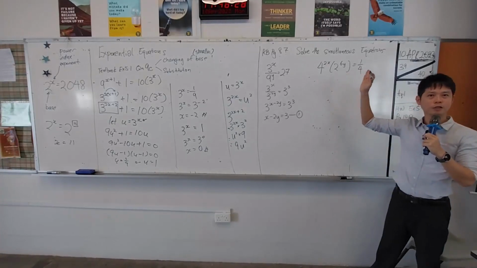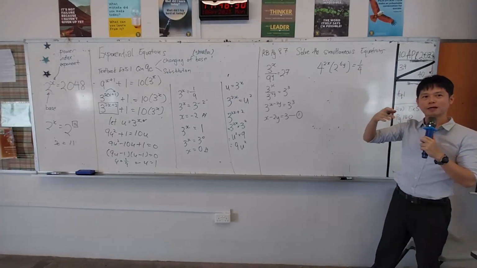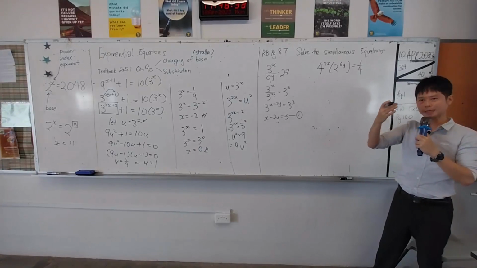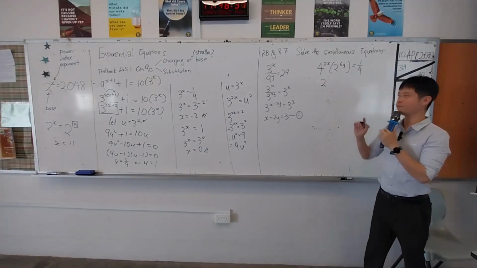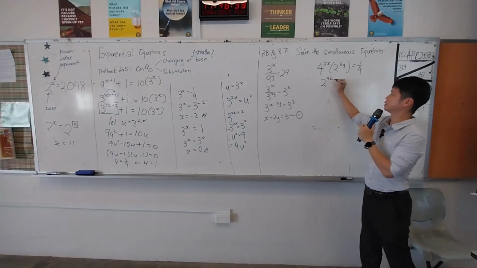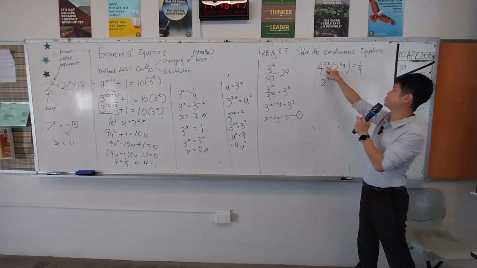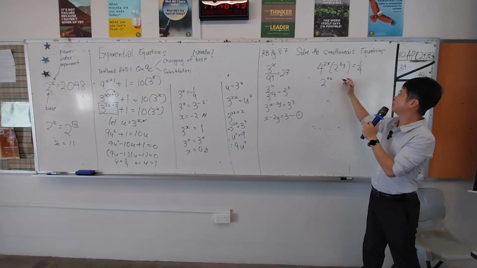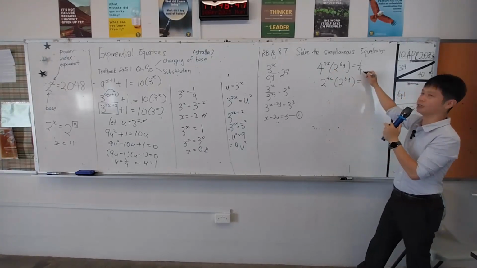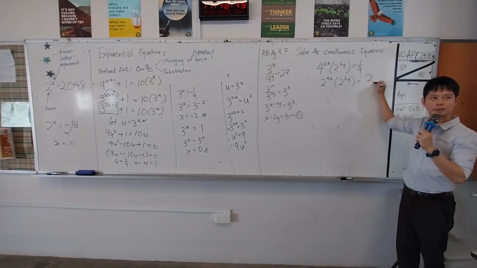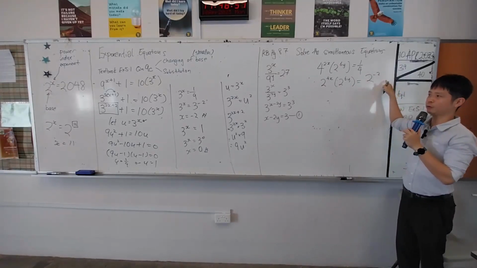Now the second equation, again, look at this. What must we do? Change the base. What is the base that you will change to? Yes, the smallest you can go is 2. So 2 power 4x, 2 times 2x is 4x. And then no change. And here we just did it, 2 power negative 2.